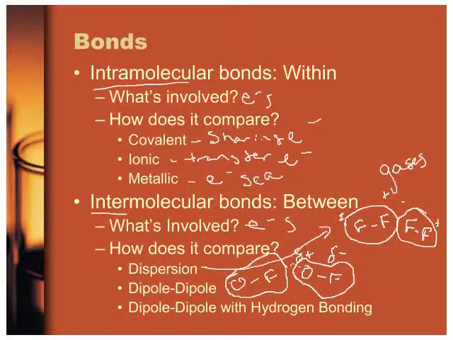Hydrogen bonding is the same exact thing, except you have to have hydrogen, obviously, and it's going to be bonded to one of three elements: your fluorine, oxygen, or nitrogen. When hydrogen is bonded to a fluorine, oxygen, or nitrogen, it ends up having a really strong attraction.